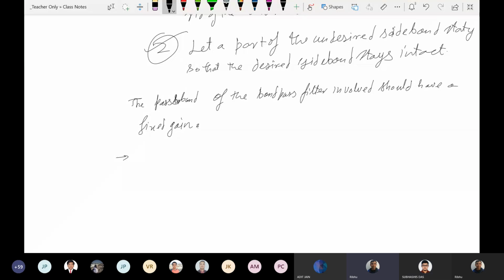So this was used in your analog television. You remember, before the set-top box era, between black and white and color, when antennas were installed on rooftops, Doordarshan.